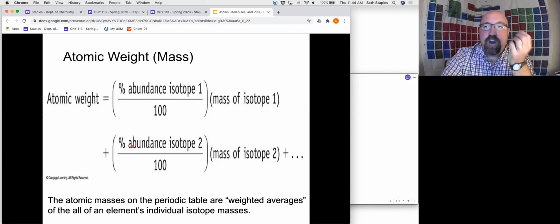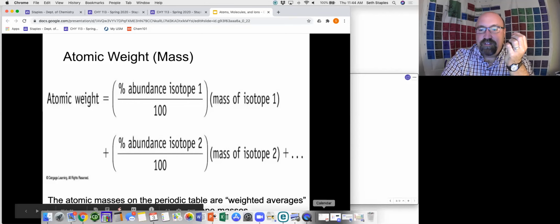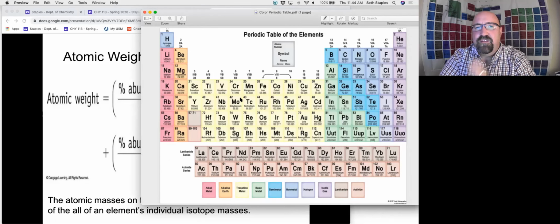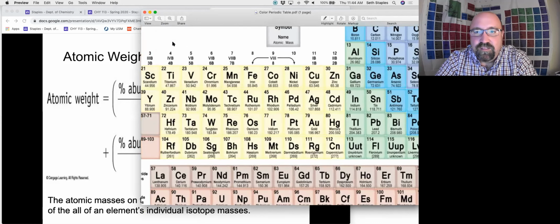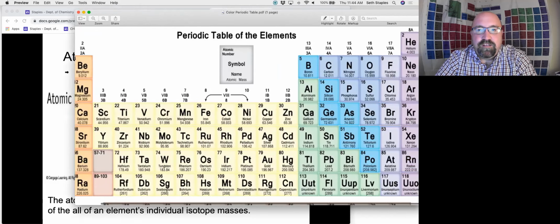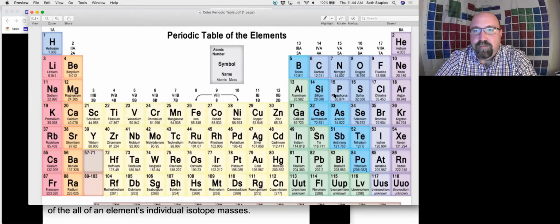When we look on the periodic table, let's take a look again at the periodic table. I'm sorry, this is maybe a little bit blurry. I don't know how well you can see it. There we go, that helps a little bit. So when we look here at the periodic table, something like chlorine, we'll stick with our chlorine example here.